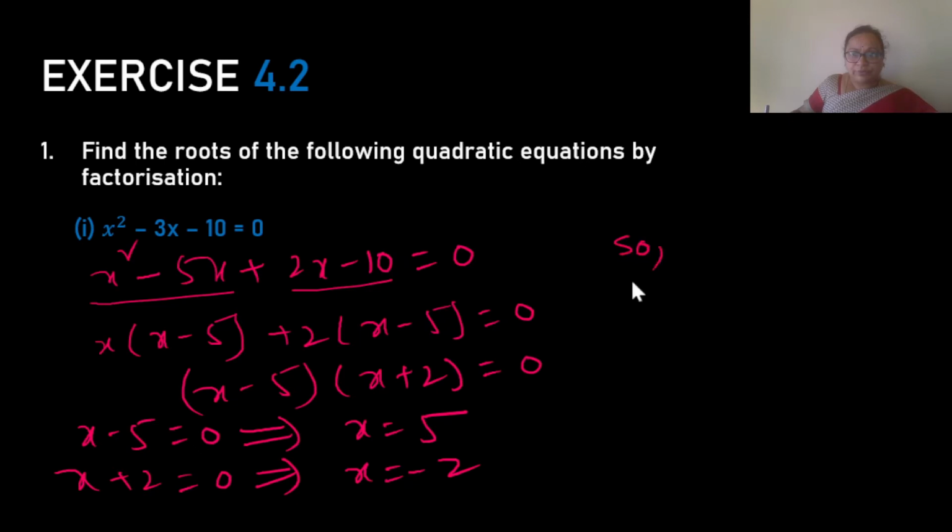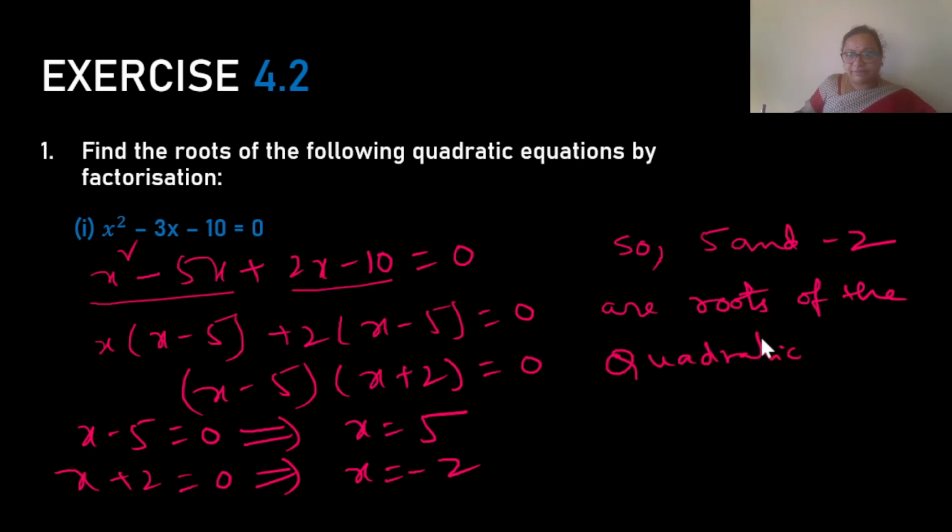So 5 and minus 2 are roots of the quadratic equation x square minus 3x minus 10 is equal to 0.